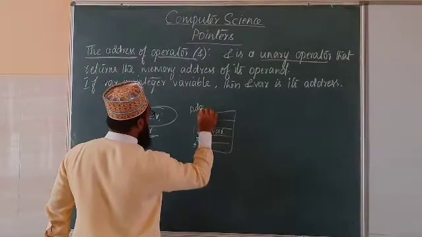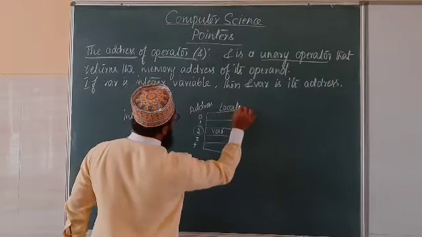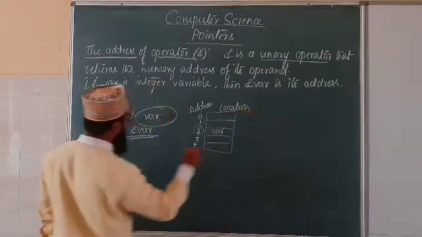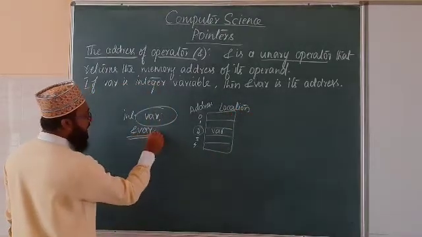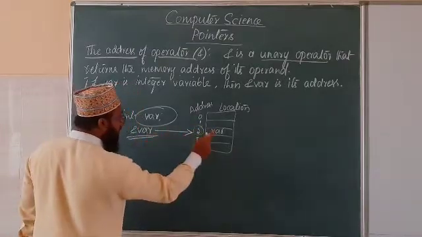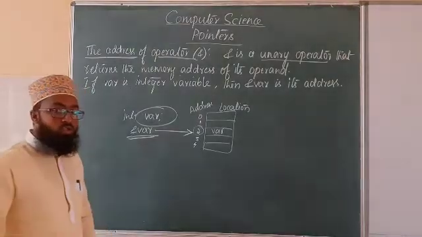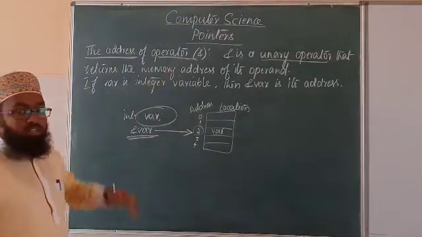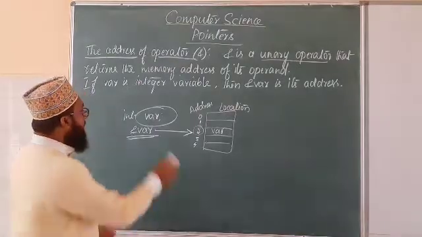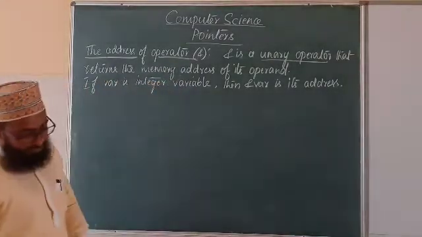You know that this is the address and this is the location. So this is the use of the address of operator. Next, come, we shall see how it works.